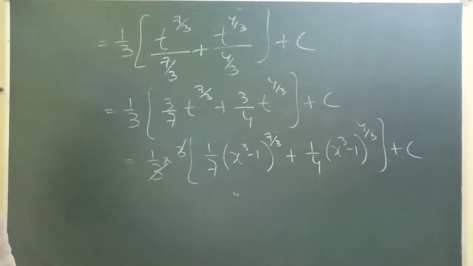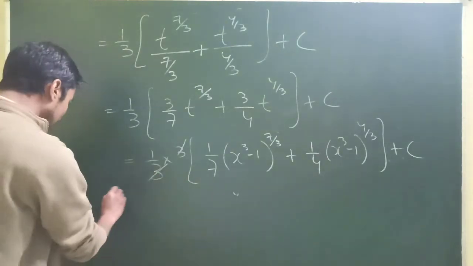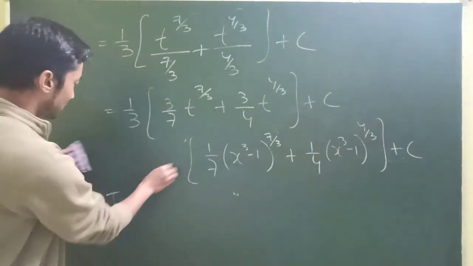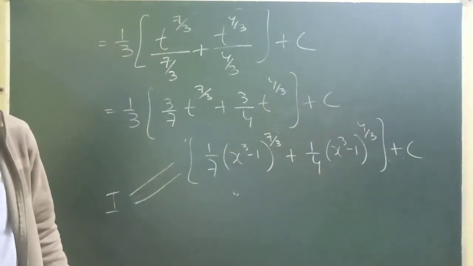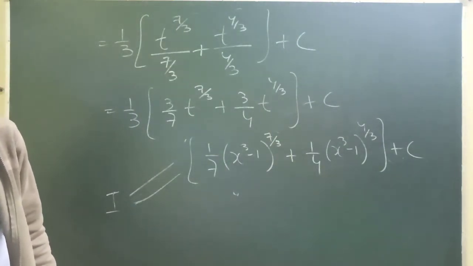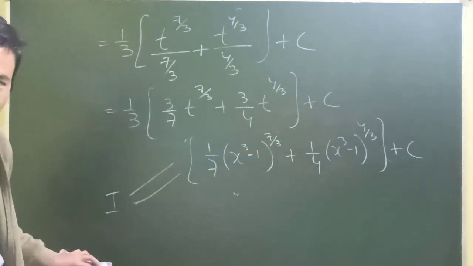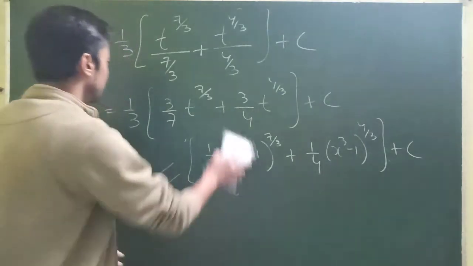So ultimately, I will not write again. I am kind of very lazy. So 3 cancel, isn't it? So the next line, I will be equal to 1 by 7 of x cubed minus 1 whole power 7 by 3 plus 1 by 4 x cubed minus 1 whole power 4 by 3 plus c. Got it? Okay.